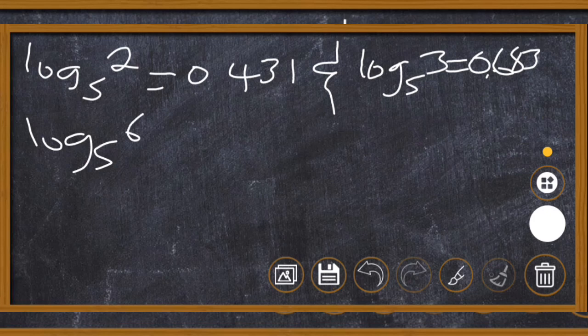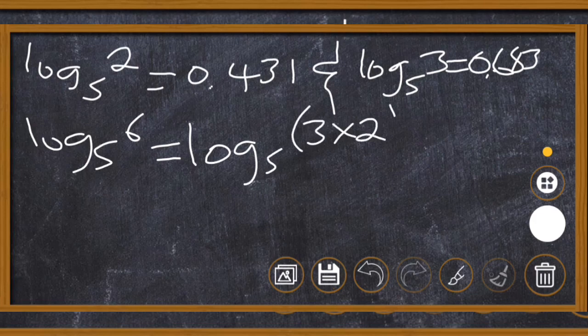Here, for you to simplify this, you have to make this in such a way that you will have this log here and also this log here, so that you can replace it with these values. So let's try to simplify this. We know that 6 is the same as 3 multiplied by 2.